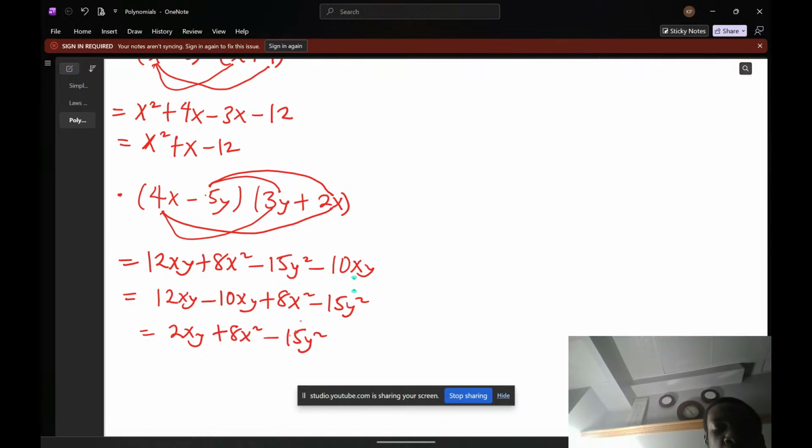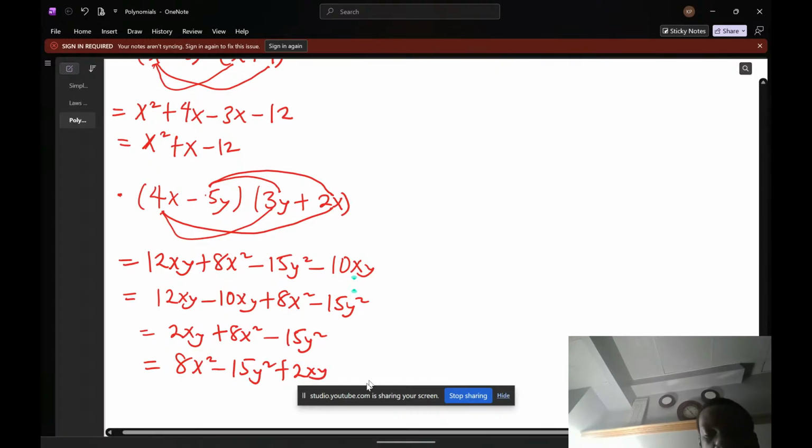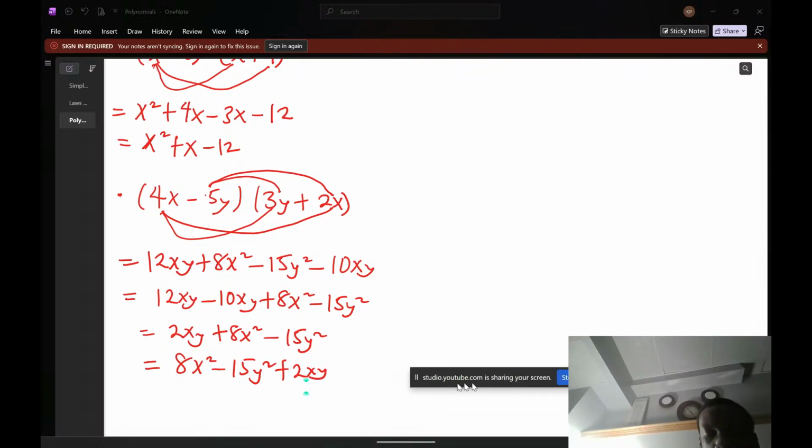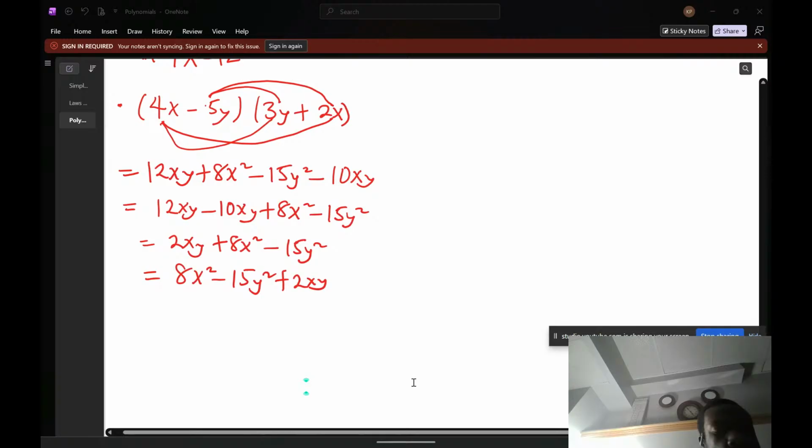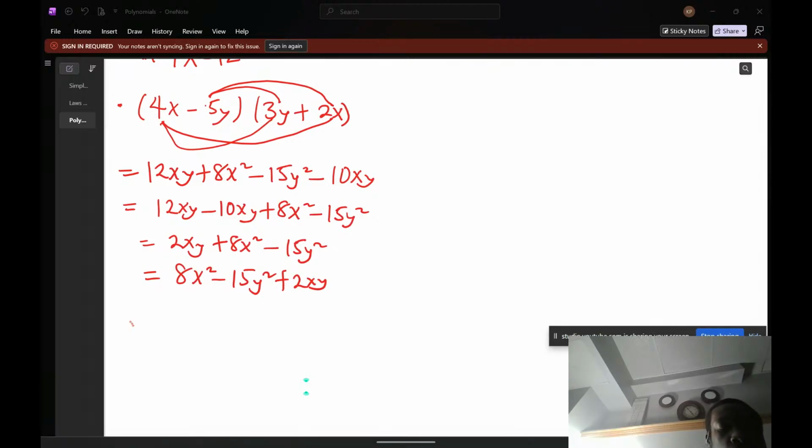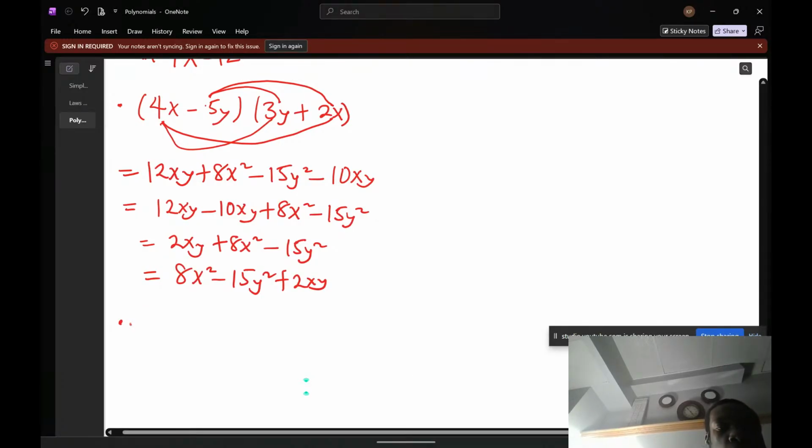So now let me rearrange it so that this 2xy will fall behind. So that will be 8x squared minus 15y squared plus 2xy. Okay. So now let's try out another one.